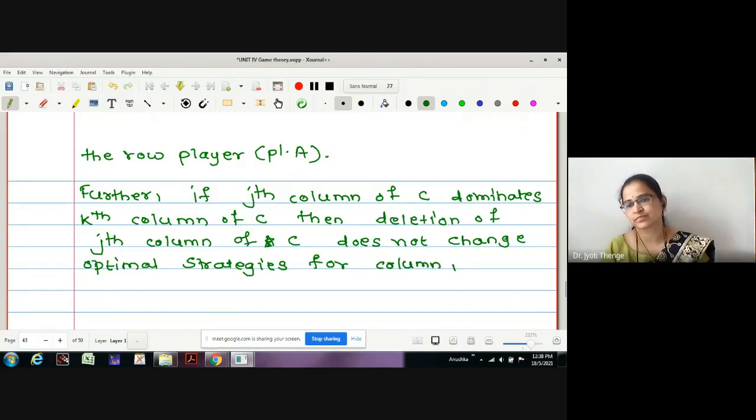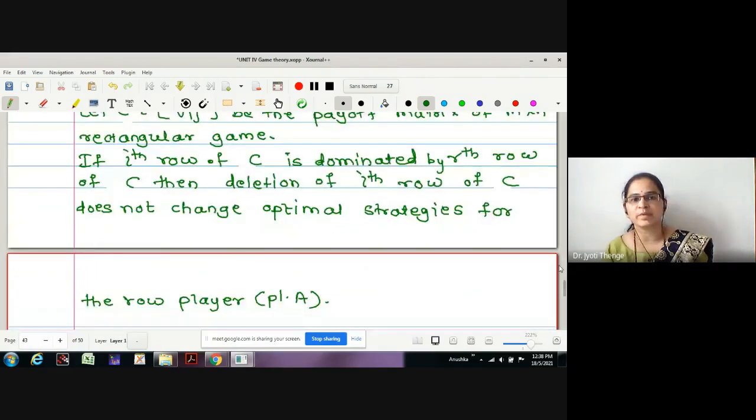Column player means player B, correct? This is what the dominance property is.